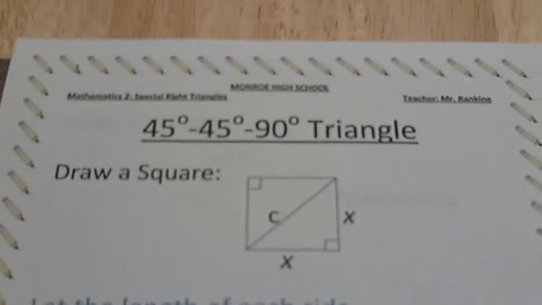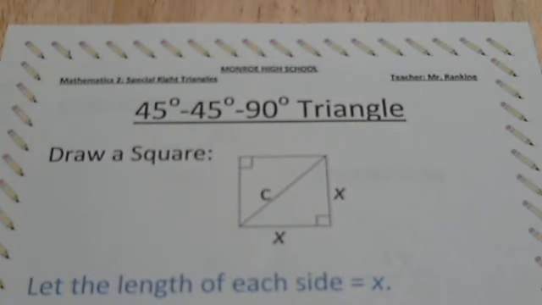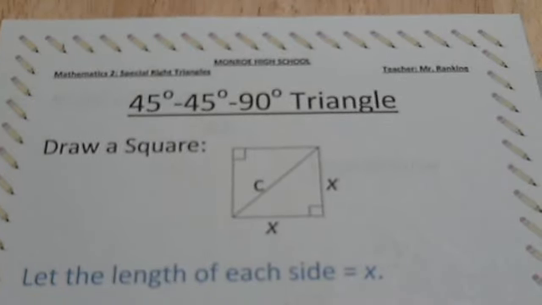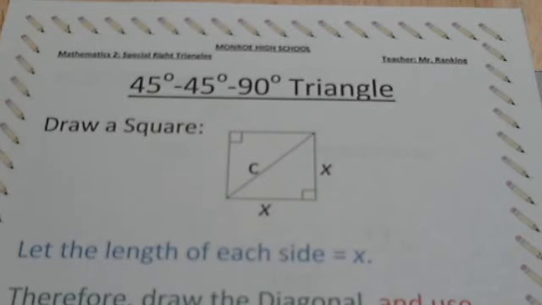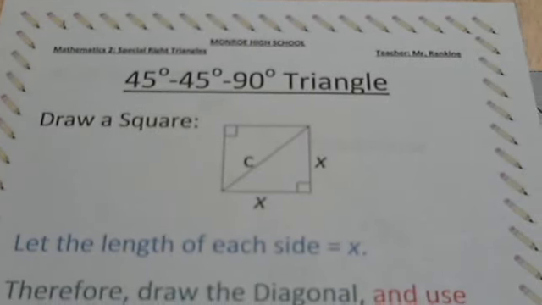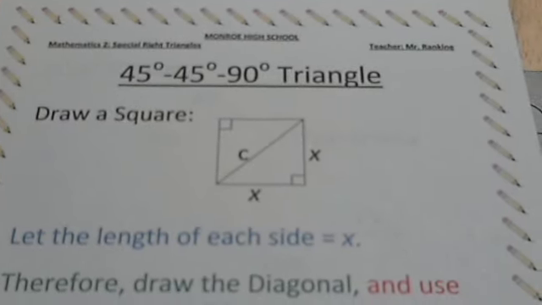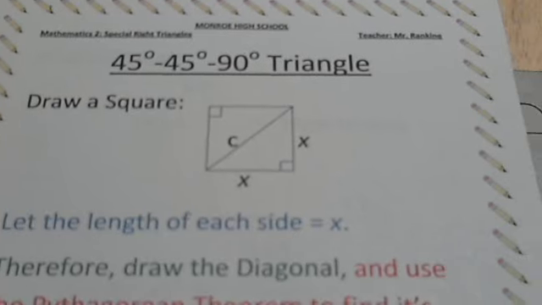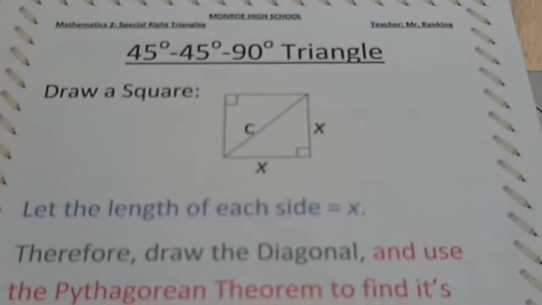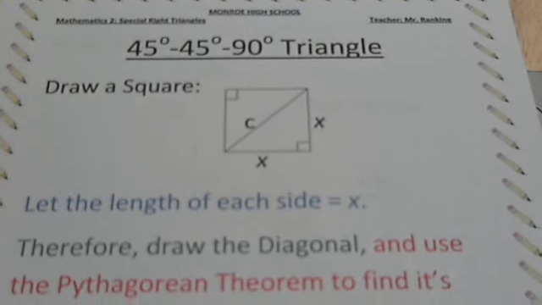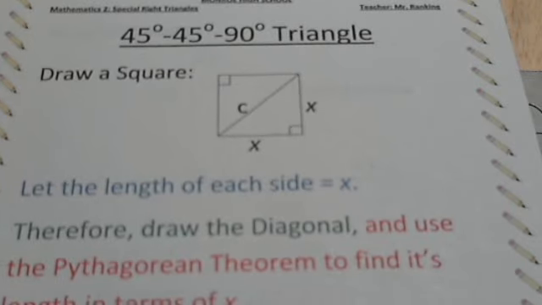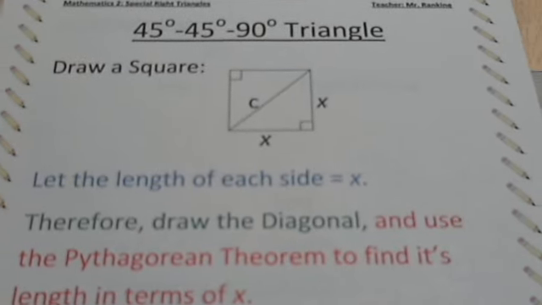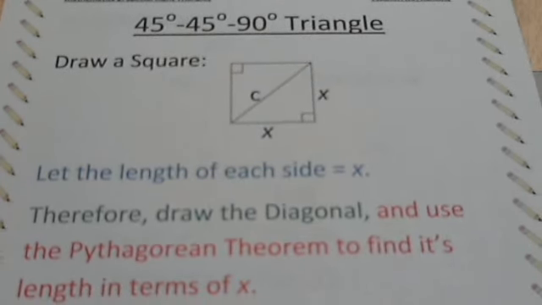Now, let the length of each side equal x. Then draw the diagonal and use the Pythagorean theorem to find its length in terms of x.